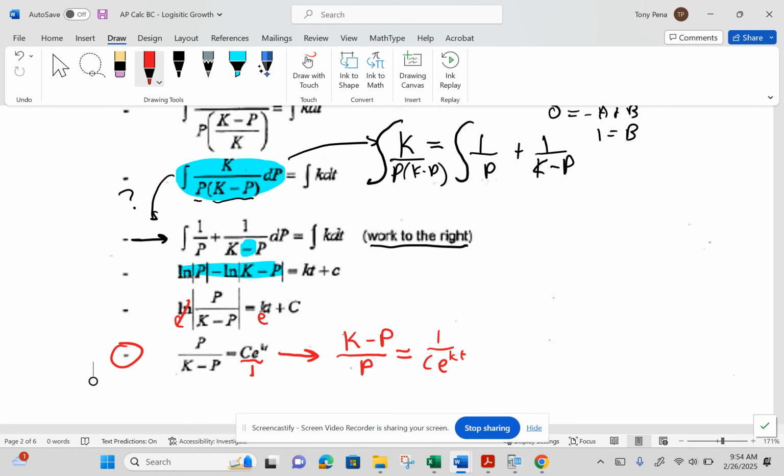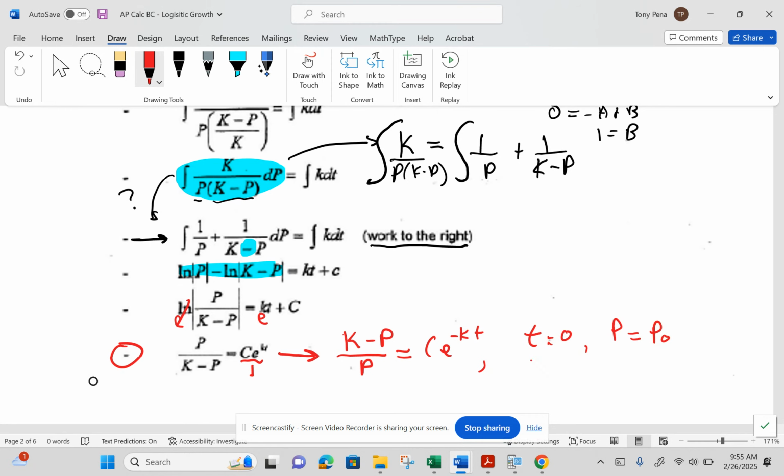But can't I move this guy back up? And if I do move it back up, wouldn't it now just be c e to the negative kt? Then, which we're going to do in a moment, at the time of 0, we're going to let our population variable, p, be our population at that particular time.